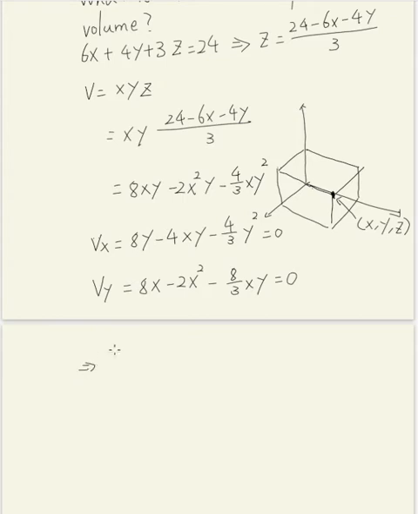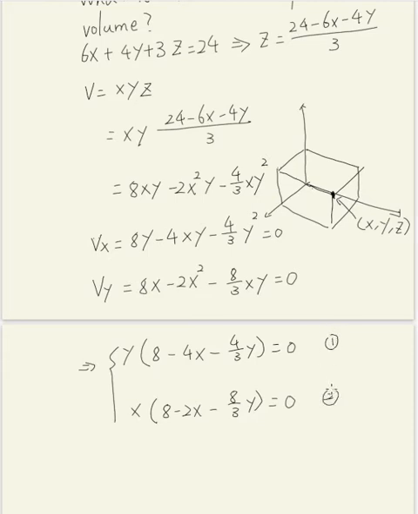We get y times (8 minus 4x minus 4 over 3 y) equals 0, and x times (8 minus 2x minus 8 over 3 y) equals 0. Okay, let's call this equation 1, call this equation 2.